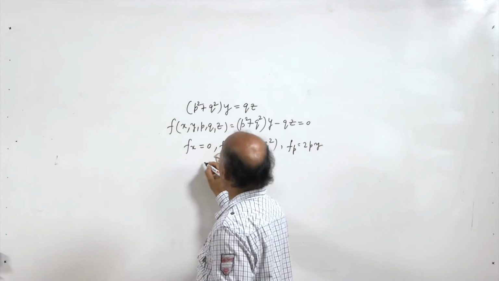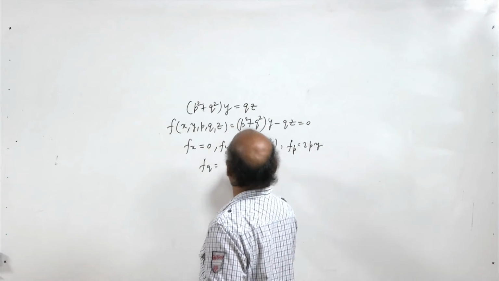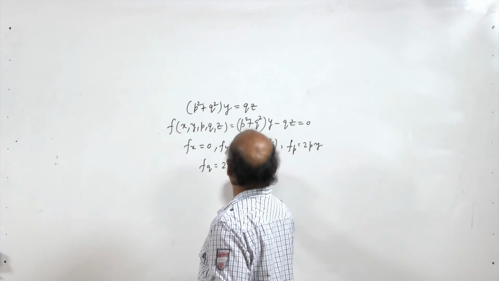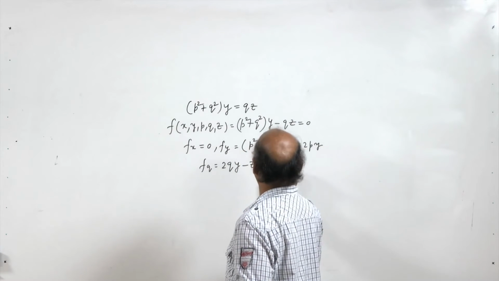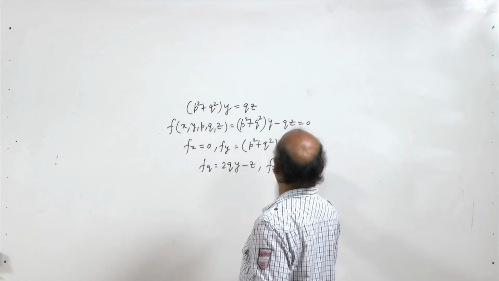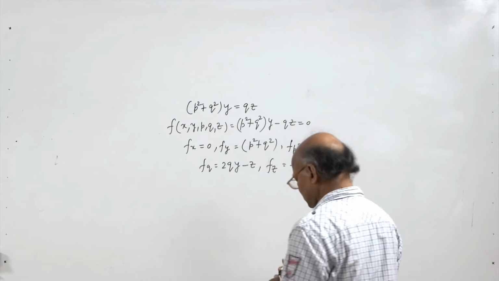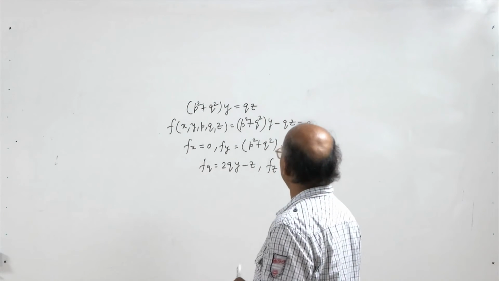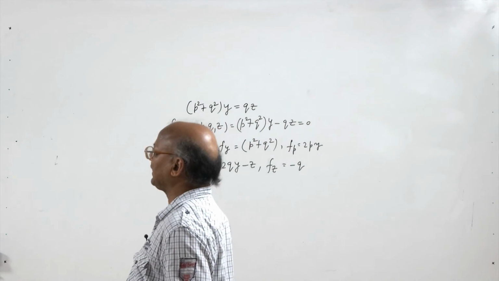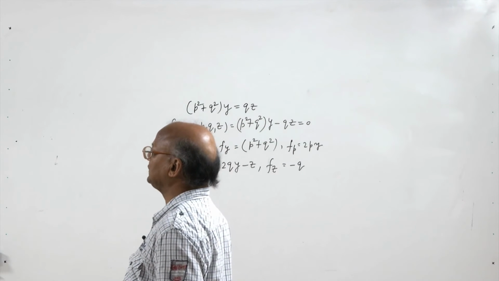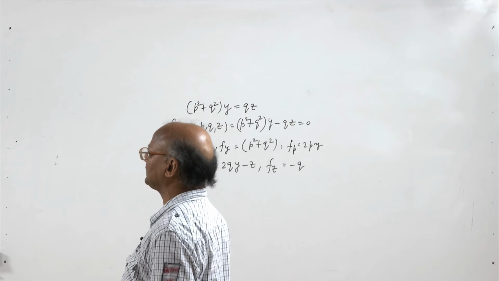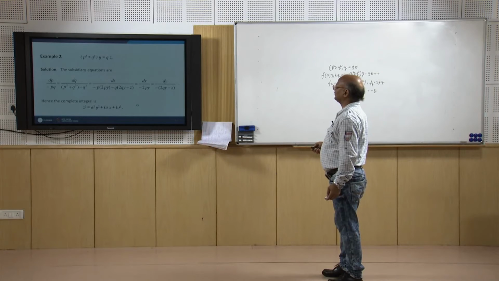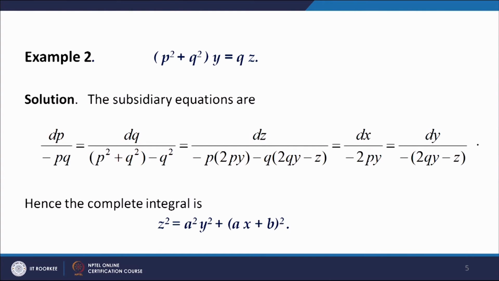Partial derivative of f with respect to q is 2qy minus z, and the partial derivative of f with respect to z is equal to minus q. So once we have these derivatives, we can write the subsidiary equations. The subsidiary equations turn out to be dp over minus pq, dq over (p square plus q square) minus q square, dz over this, dx over this and dy over this.